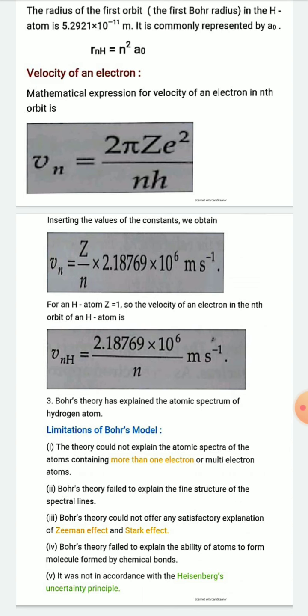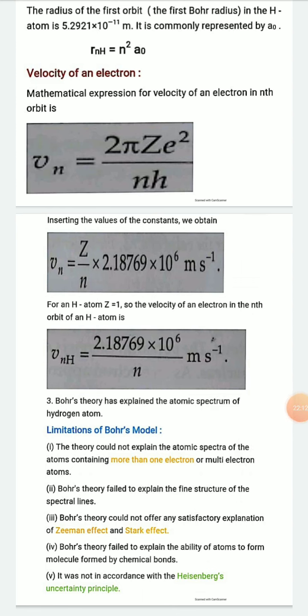The splitting of each spectral line into fine structure of the spectral lines in the presence of a magnetic field is called the Zeeman effect. But in the case of an electric field, the splitting of each spectral line into finer spectral lines is called the Stark effect. And Bohr's theory could not offer any satisfactory explanation of the Zeeman effect and Stark effect.